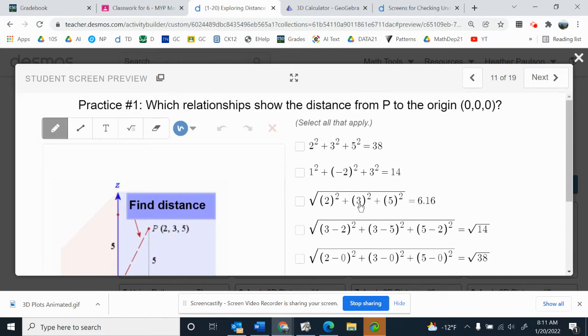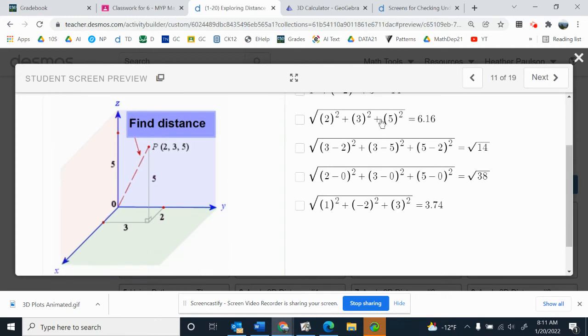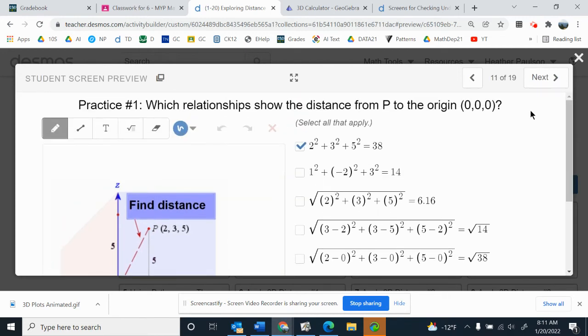So which arrangement will help us find that distance? I'll tell you, the first one is correct. 2 squared plus 3 squared plus 5 squared will give us that distance from P to 0. But there are 2 other relationships that I encourage you to find and check your answers.